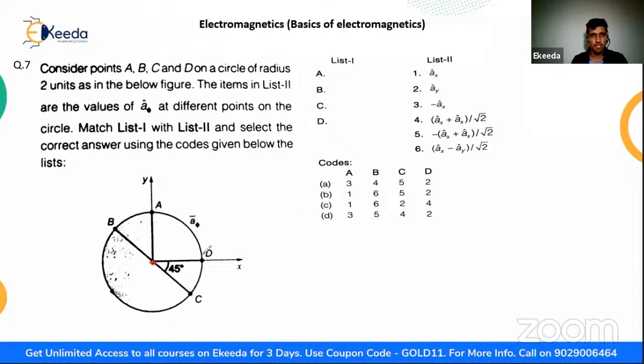First we will try to find out what the a phi components will be at different points A, B, C, and D. I've told you that you first need to know the direction of a phi. This is the direction in which phi increases with a small incremental change. It must increase, not decrease. Small incremental change in phi.